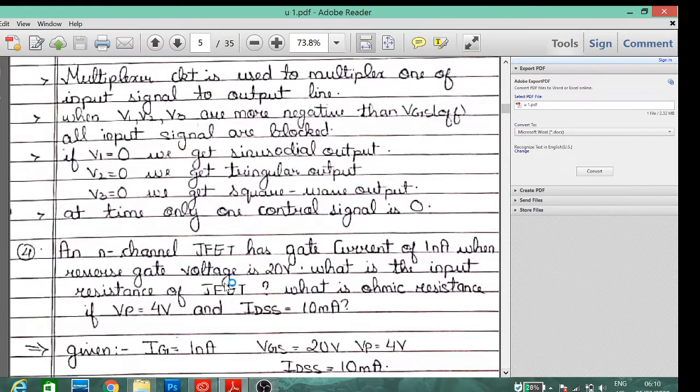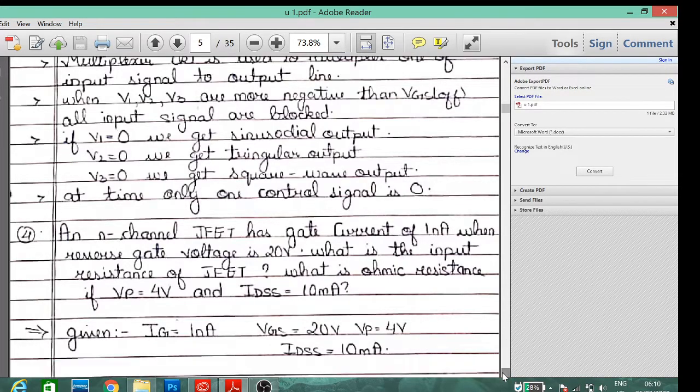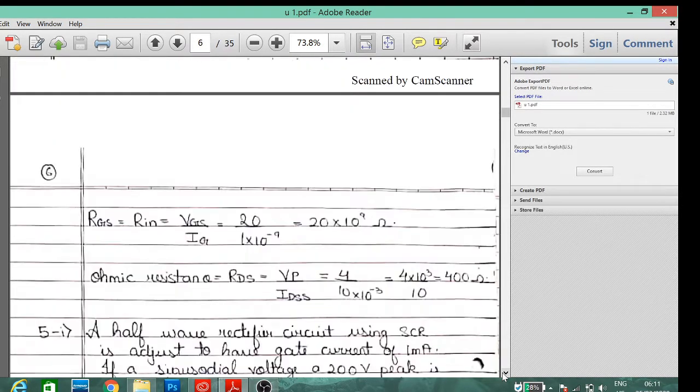Next question. An N-channel JFET has gate current 1 nanoampere. When reverse gate voltage is 20, what is the input resistance of the JFET and what is the ohmic resistance of the JFET?